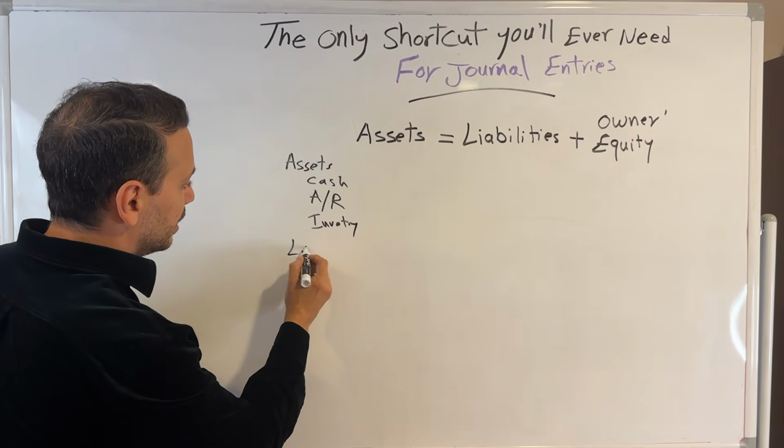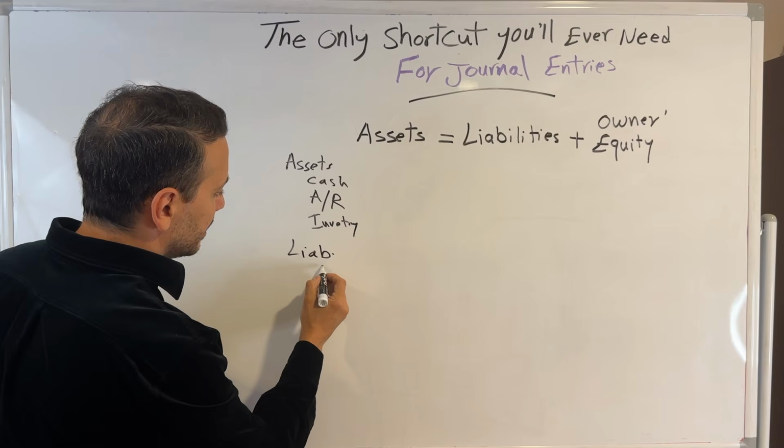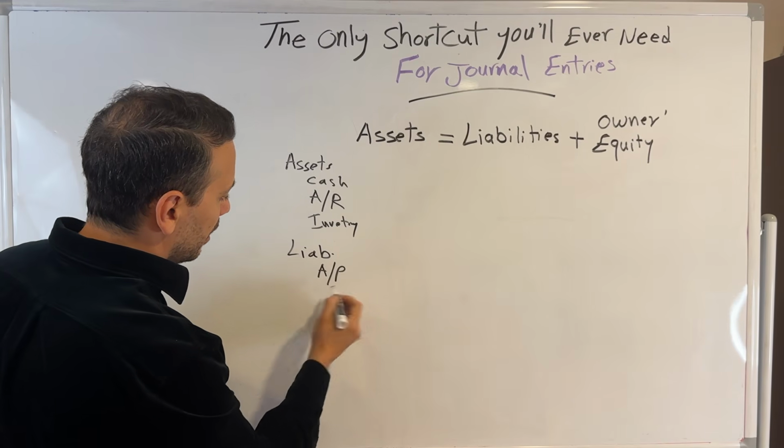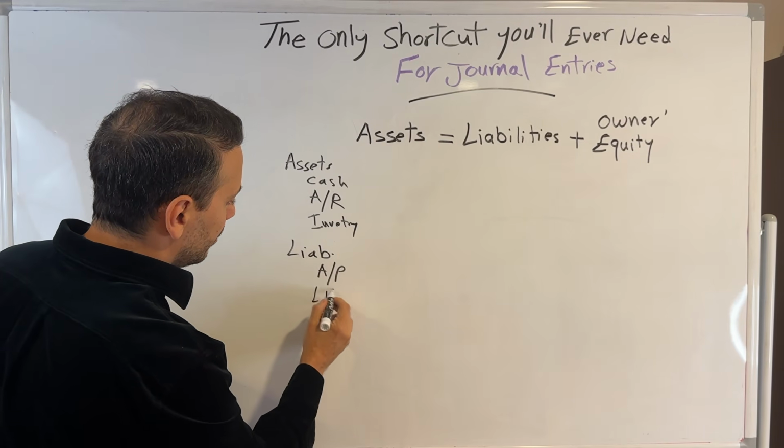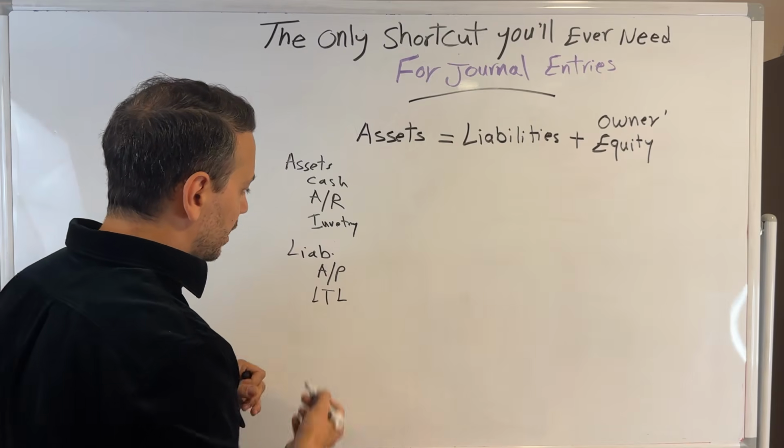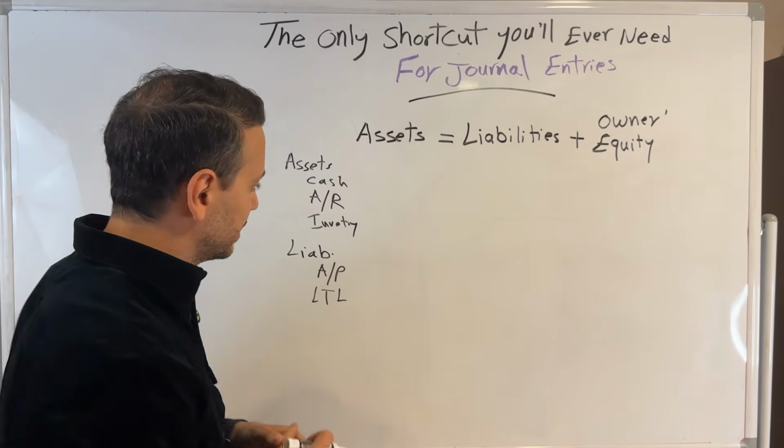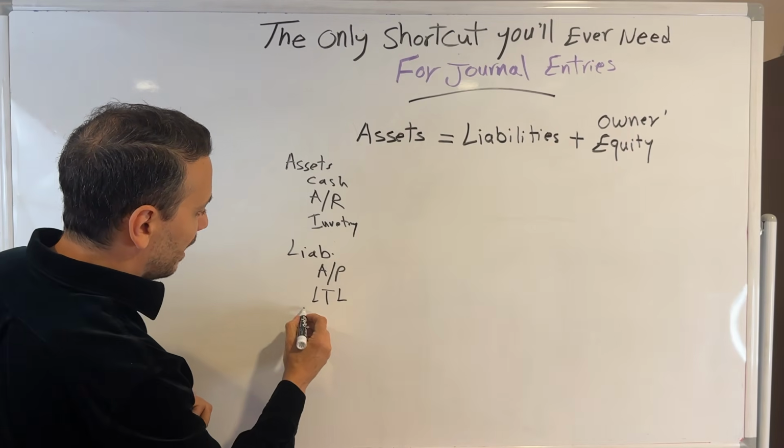We have liabilities, and this could be things like accounts payable. We have long-term loans, and it could be other things like deferred revenue, but these are the main ones.